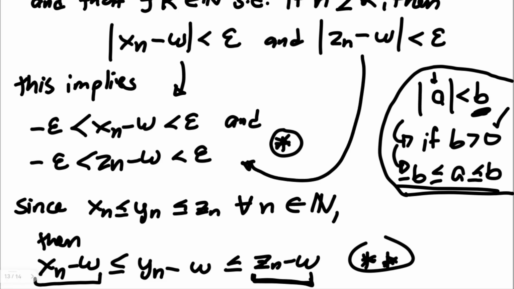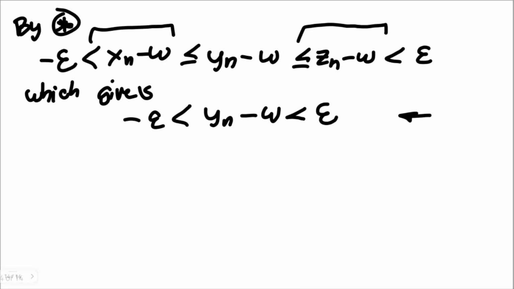Take note, this is the structure: greater than minus epsilon but less than positive epsilon.